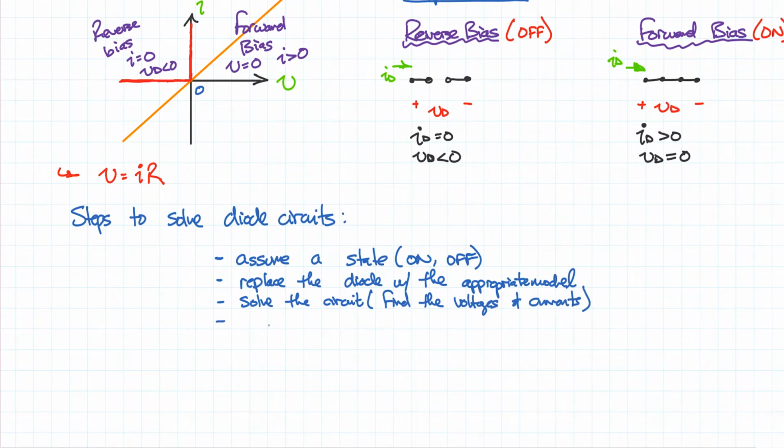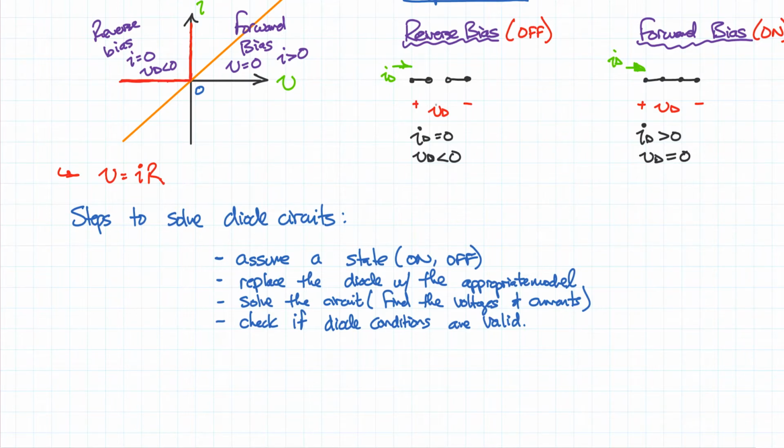And then we have, this is the crucial step of the entire process. So what we do is we check if diode conditions are valid. Now what does that mean? So if I assumed on, then I have to check if the current's greater than 0.